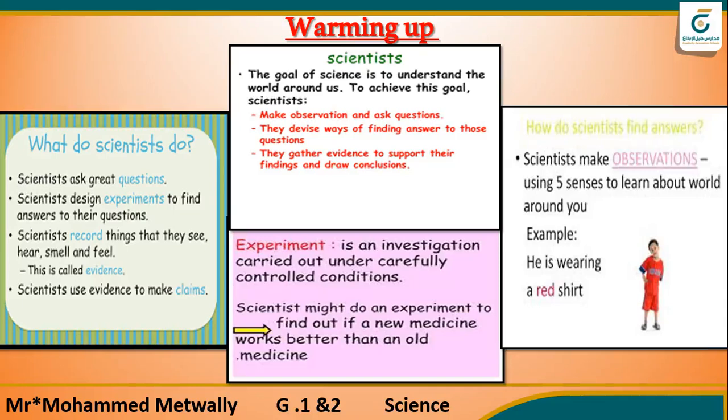So scientists can find out answers after doing observation. Like we said, they use the 5 senses to learn about the world around them. Then they can collect the data, like I said previously. I will now let you watch this video to understand more about collecting and sharing data.